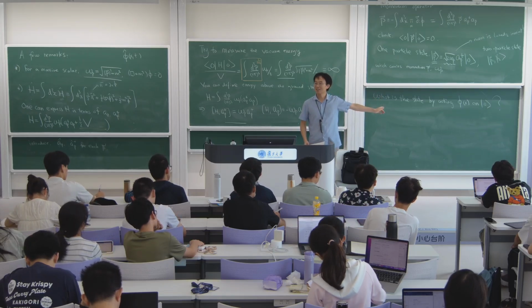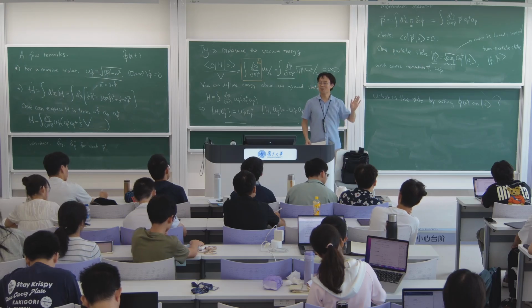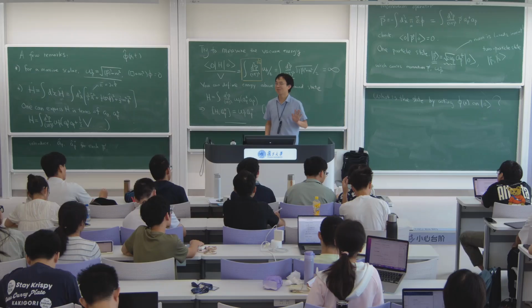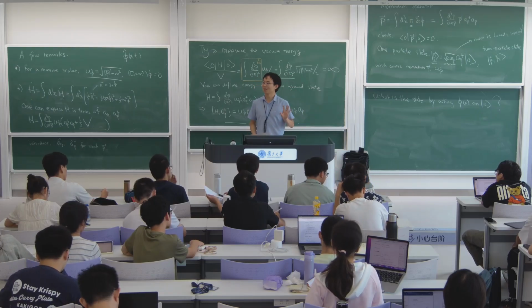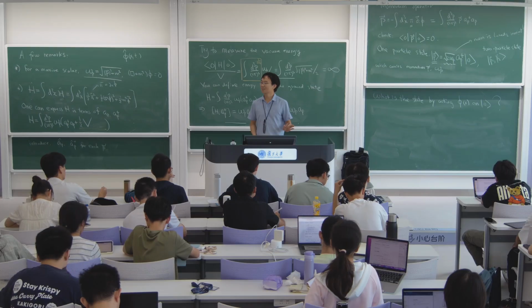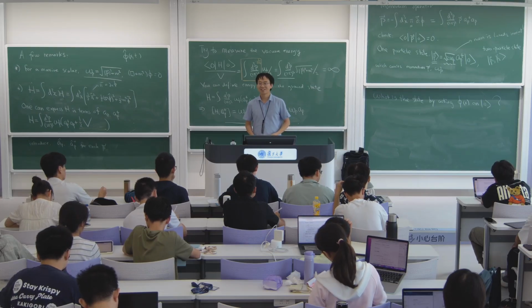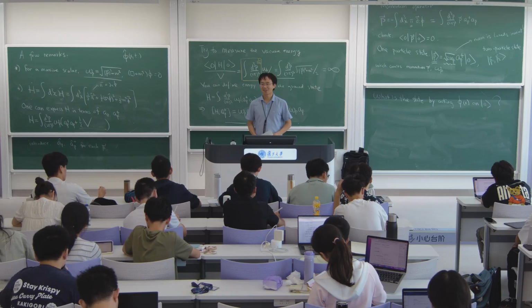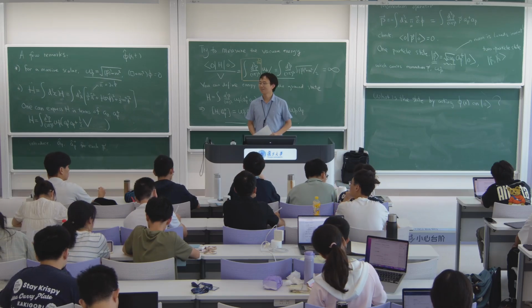I don't like p momentum space, I like x space. So I can act phi x, because phi x is an operator, on the vacuum. What is the state you can produce? That's the question. Do you have any idea how to understand this?